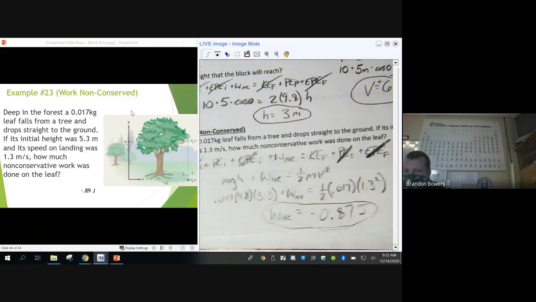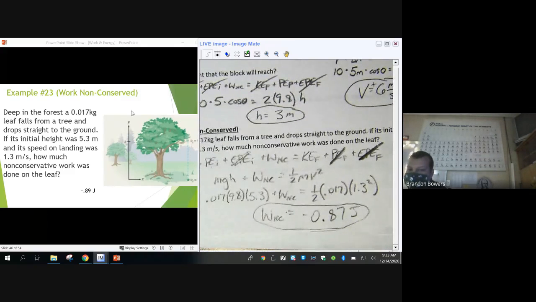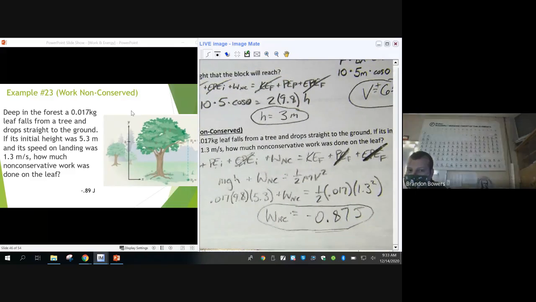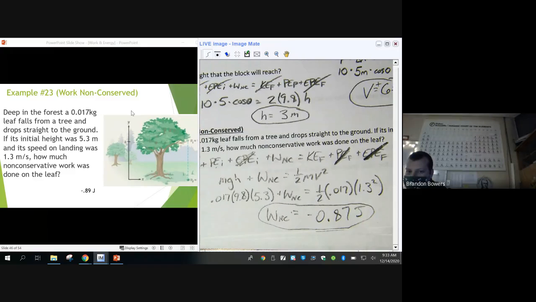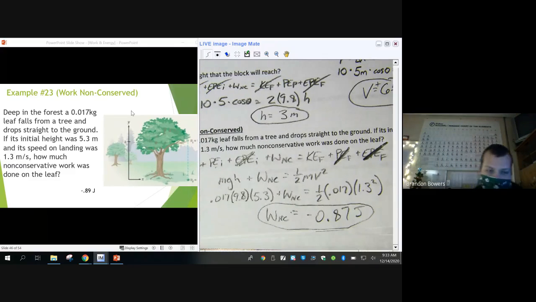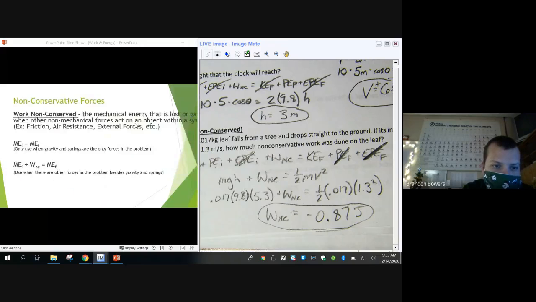I'd like the notes for work non-conserved. It says not to use it with gravity. What does that mean when it says don't use work with gravity? Only use it when gravity and springs are the only forces.